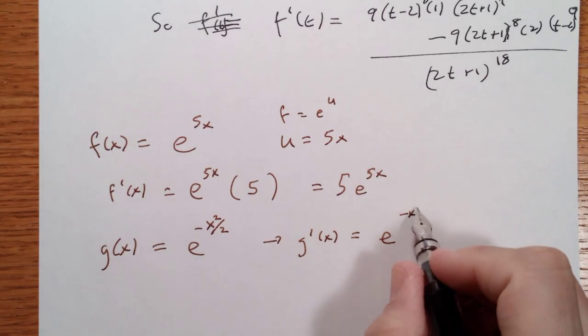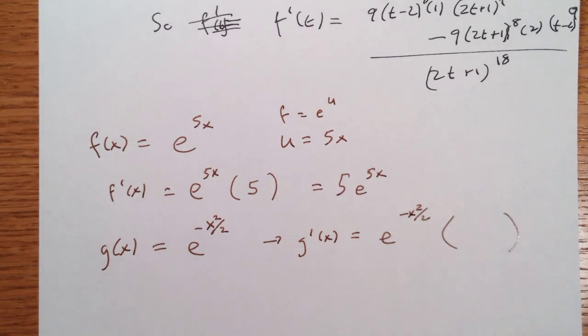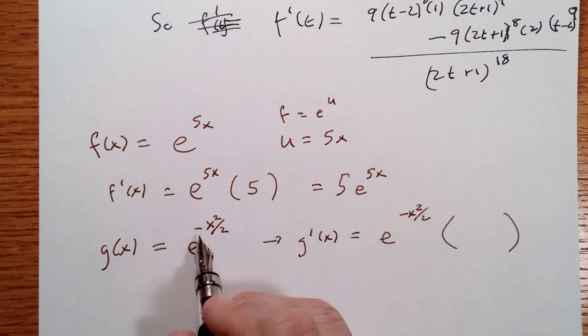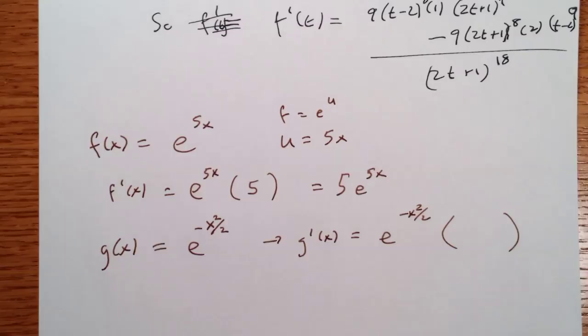So I get e to the stuff again. And now derivative of stuff. What's the derivative of? Oh, that's negative 1/2 x squared. Sometimes I write it down anyway. Then the derivative would be negative 1/2 times 2x, which is minus x. And that's what goes there.